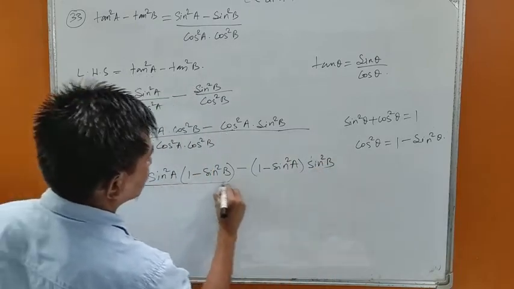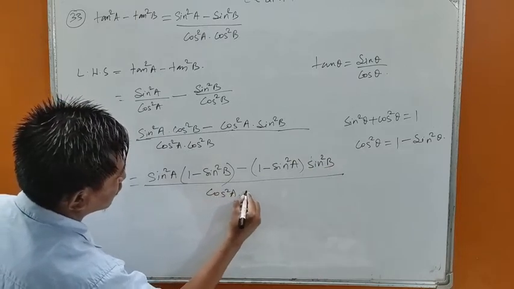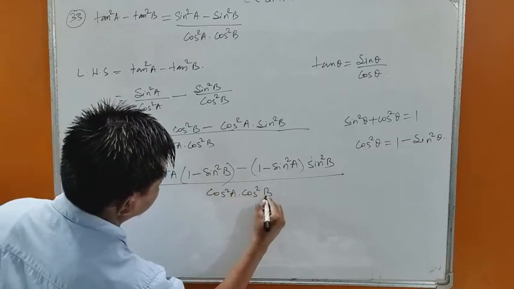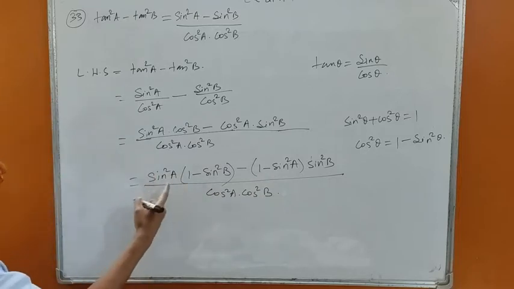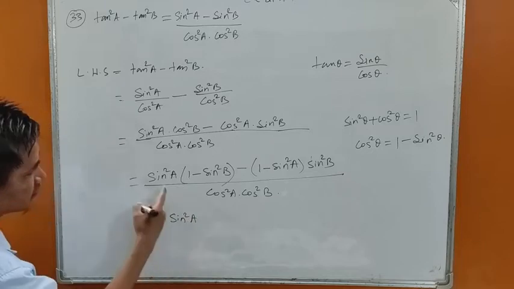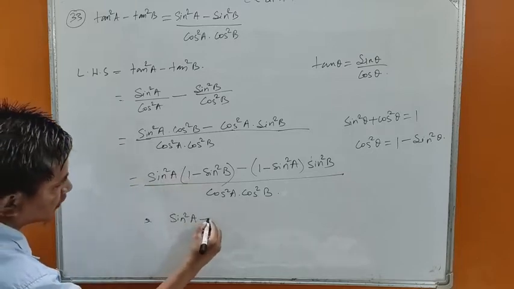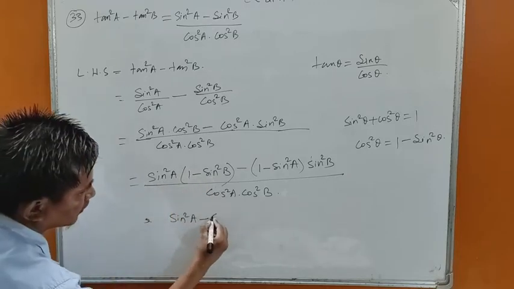This is what we have in the numerator, and in the denominator cos square a dot cos square b. Now let's multiply this: sin square a into 1 is sin square a, plus into minus, minus sin square a into sin square b.